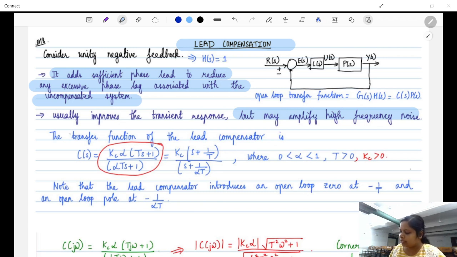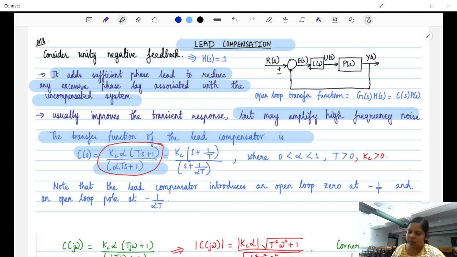The most important thing is that the transfer function of this compensator is of this form: Kc alpha into (Ts plus 1) upon (alpha Ts plus 1). This is something you're supposed to remember. When you express it in pole and zero format, you can see that there is a zero at minus 1 by T and a pole at minus 1 by alpha T, right?